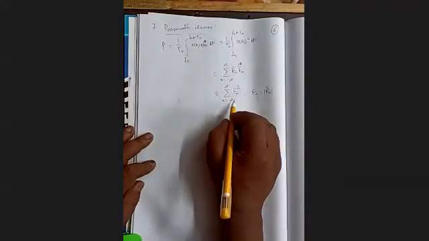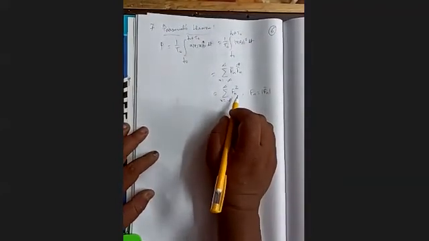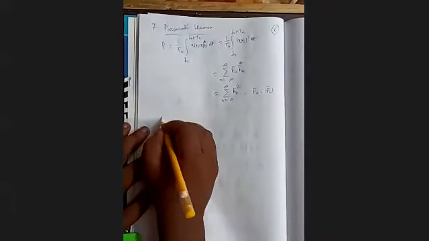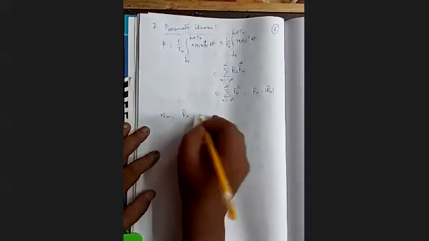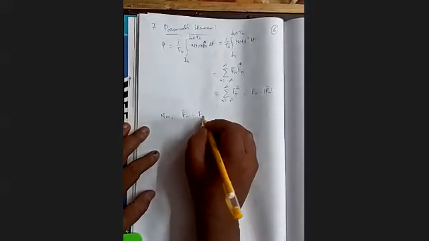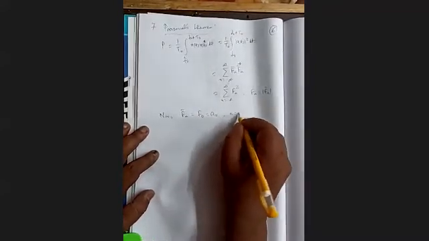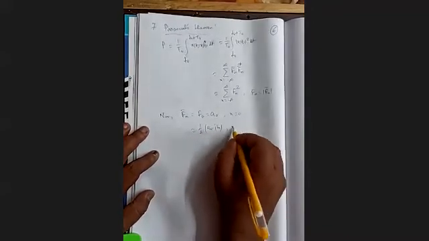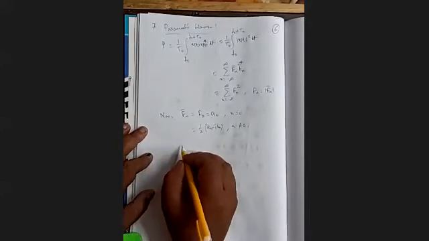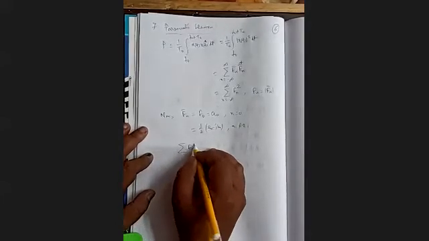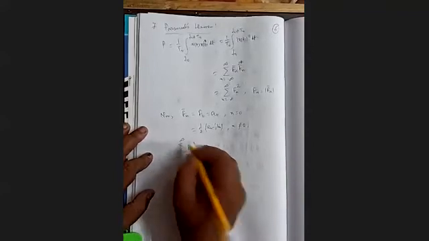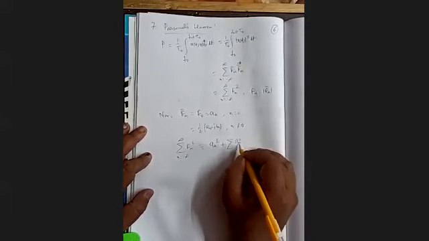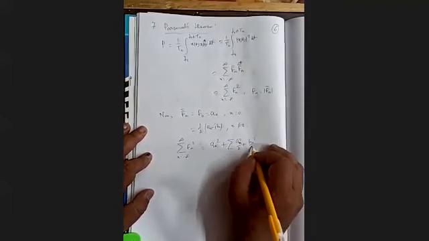Now what is Fn? We know it is equal to a0 when n equal to 0. Now our Fn bar is equal to F0 or a0 when n equal to 0, and half of an minus jbn when n is not equal to 0. Therefore, it can be proved that summation Fn square can be written as a0 square plus summation of an square by 2 plus bn square by 2.